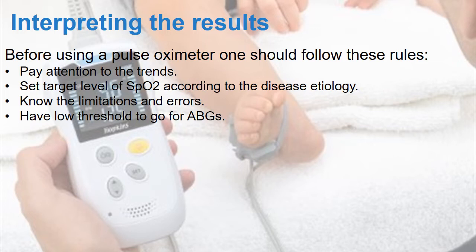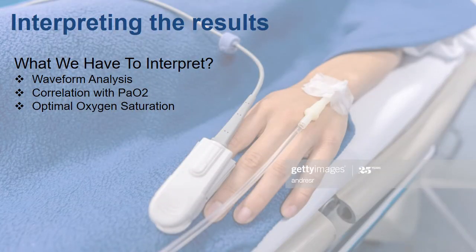And the other thing is ABGs, which is arterial blood gases. You should have a low threshold to go for an ABG. Whenever you suspect an error from a saturation probe or a pulse oximeter, you should always go for an ABG. Now, I want to know what I need to interpret and how.